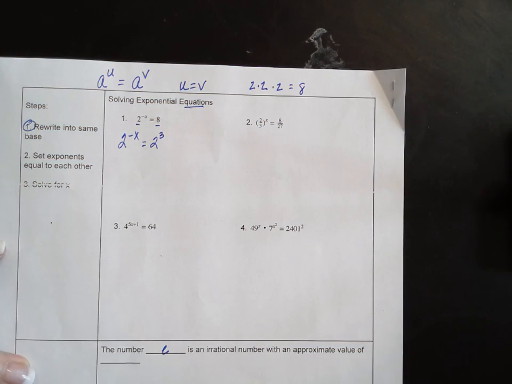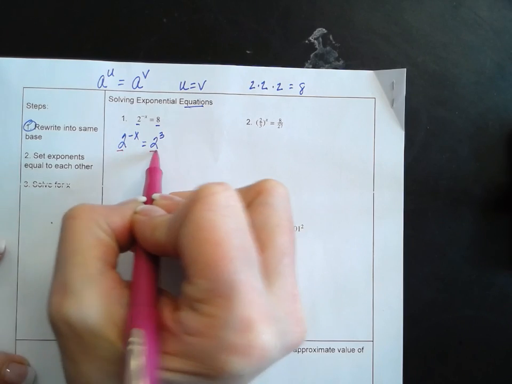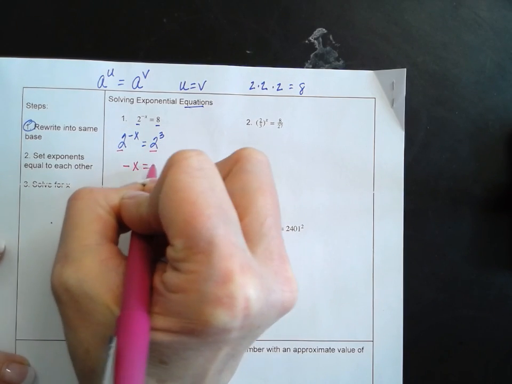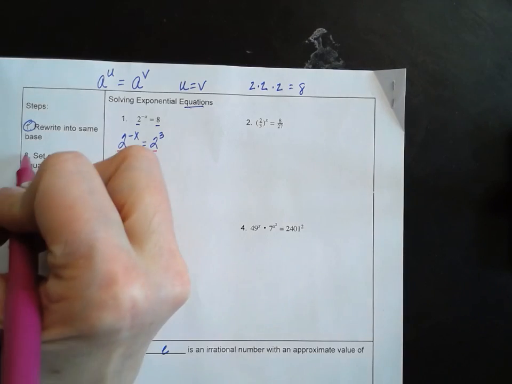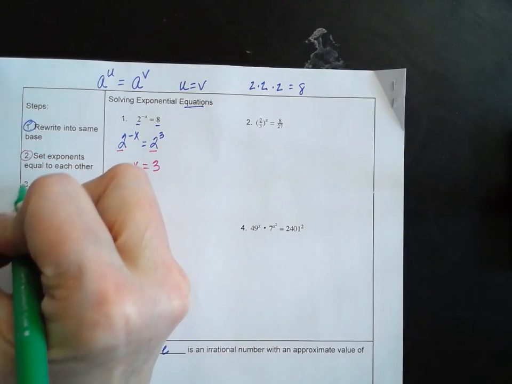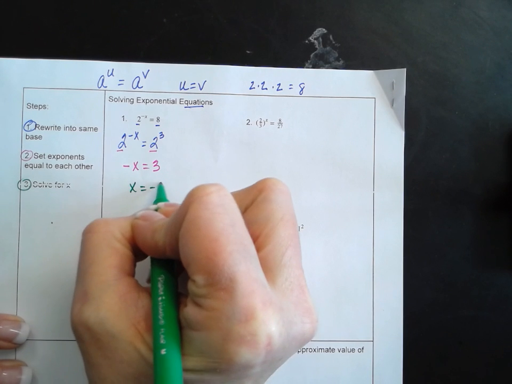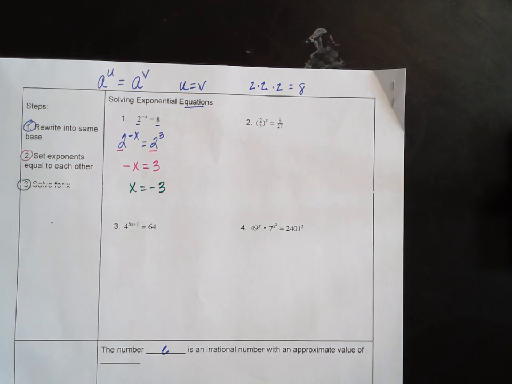Okay? Now, since my bases are the same, I can just set the exponents equal to each other. Alright? And then solve for x. So x is going to be -3. Easy peasy?